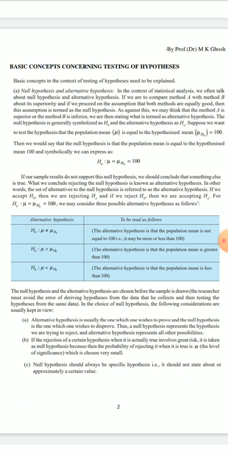HA: mu is not equal to mu H0 means the alternative hypothesis is that the population mean is not equal to 100. It may be more or less than 100.